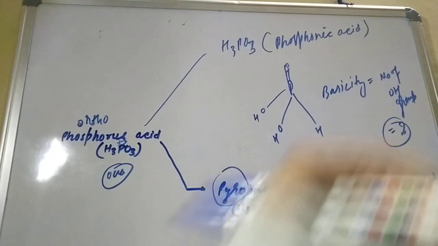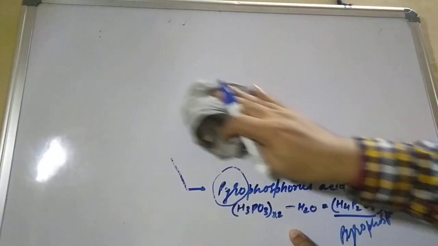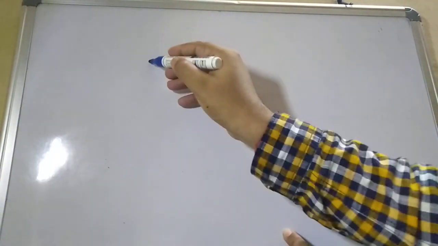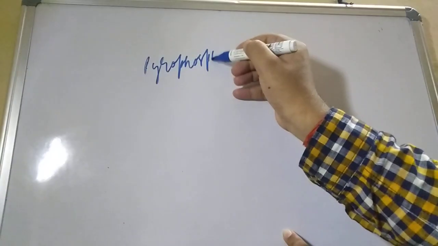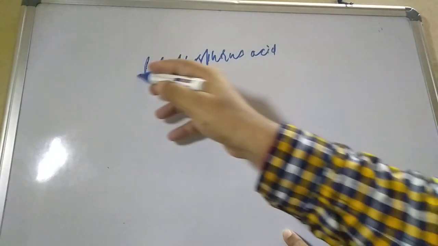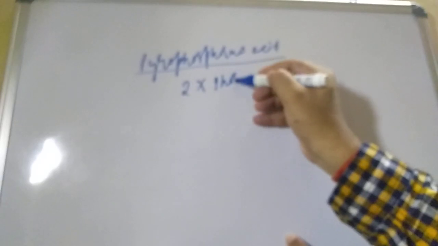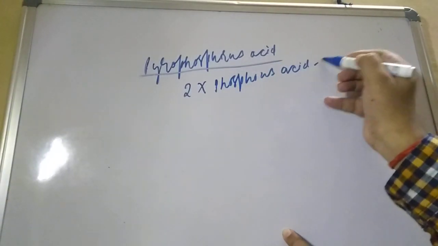Now we are going to study the most important one, pyrophosphorus acid. Let us study it here in detail. Pyrophosphorus acid is 2 into phosphorus acid minus water.